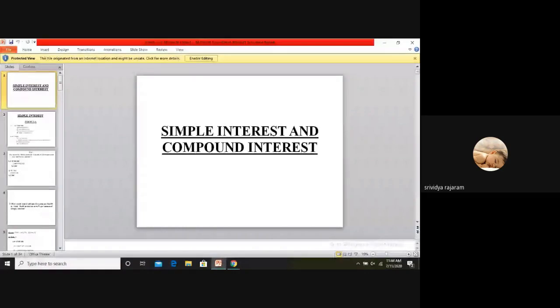Otherwise, you have to use the normal compound interest or simple interest formula. Then make sure for both simple interest and compound interest, n should always be in terms of years. If it is not given in years, you have to convert it to years and then substitute that in the corresponding formula. So these are the points to keep in mind while solving SI and CI problems, and make sure that the new amount A is always greater than the principal amount.